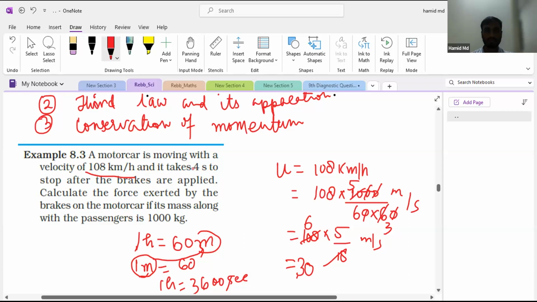So read the next part of it. And it takes 4 seconds to stop after the brakes are applied. So how will we write this statement in mathematical form? We already wrote the u.